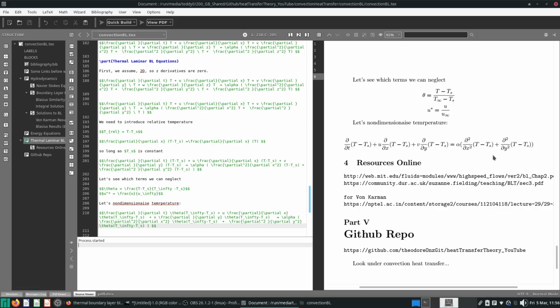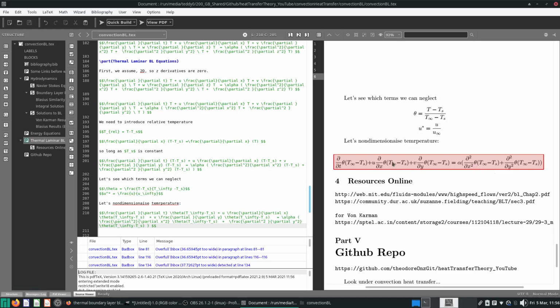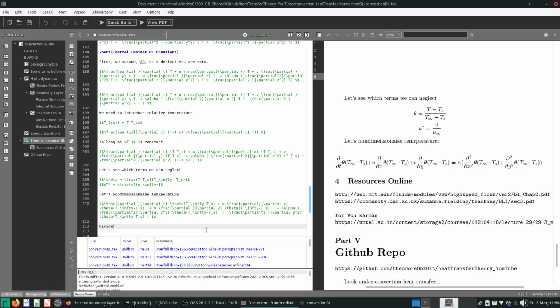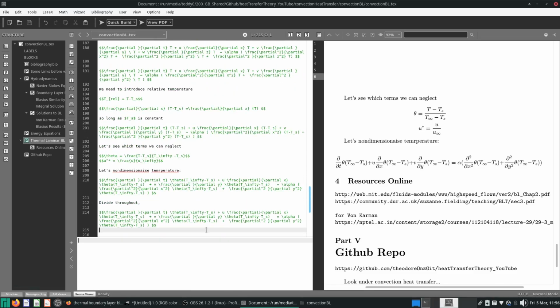And conveniently for us, T infinity minus Ts can just be taken out and divided through, because all of it is a constant. So we divide throughout, and then we get the whole thing in theta, which is helpful, but the equation form looks more or less the same as what we had before.